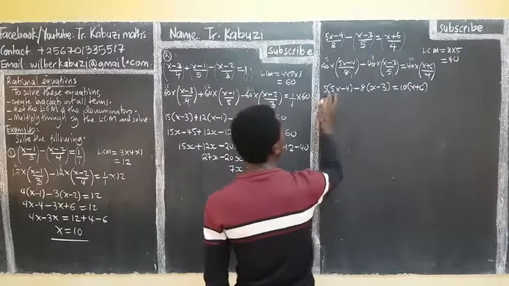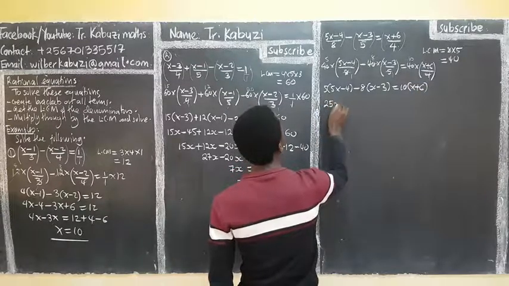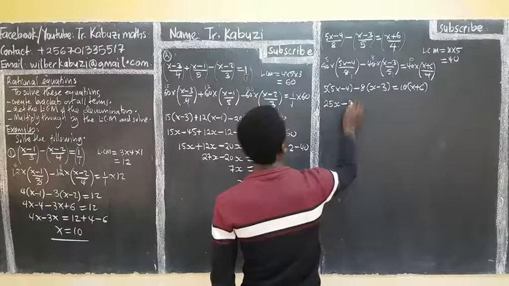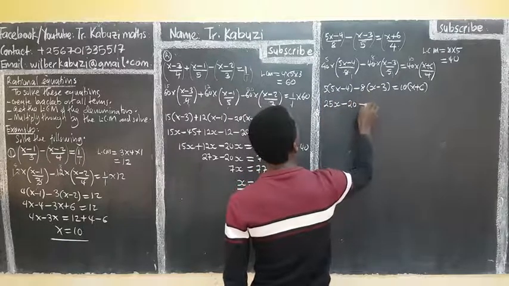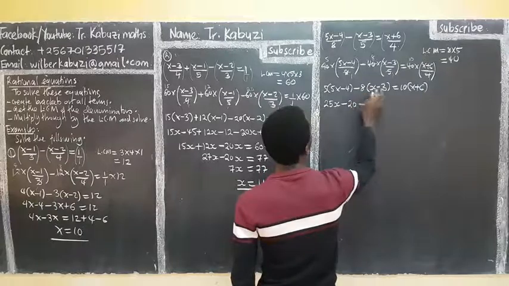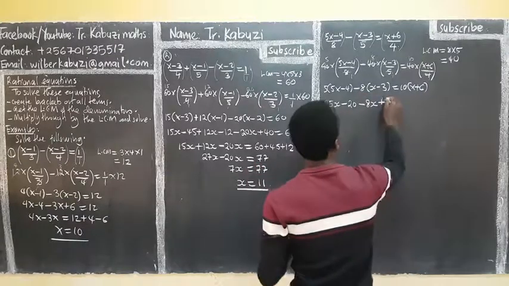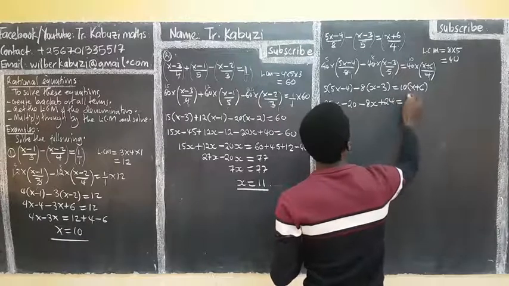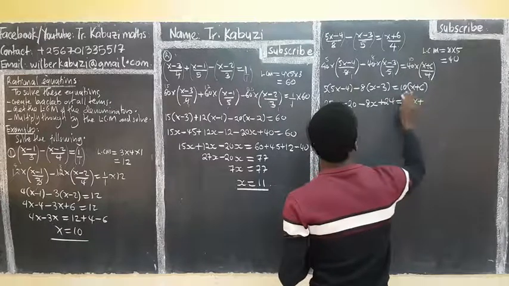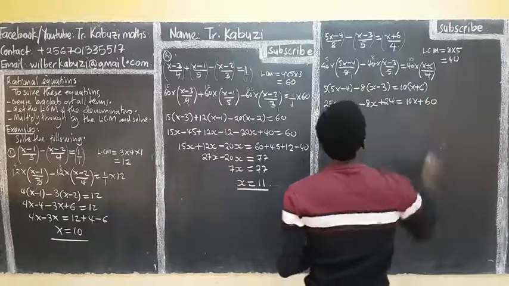Open brackets. This times this, 25x, minus 20, this times this, minus 8x, minus, you get a positive, 8 times 3, that's 24, this times this, 10x, plus this times this, we get 60.